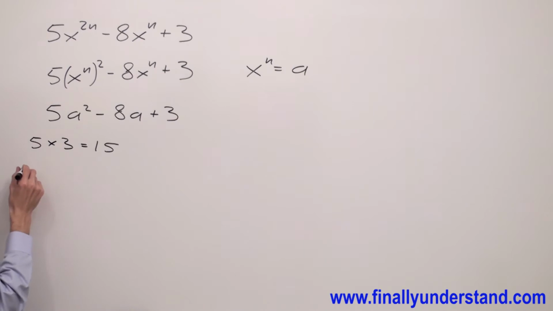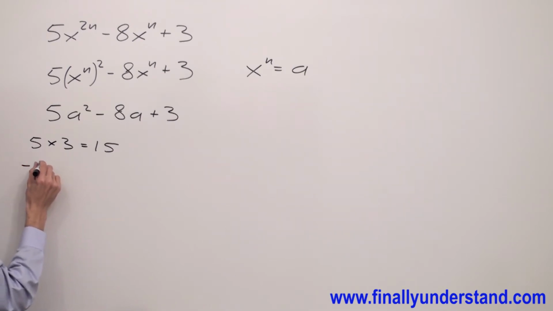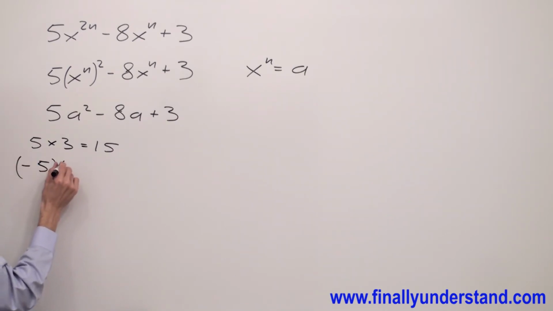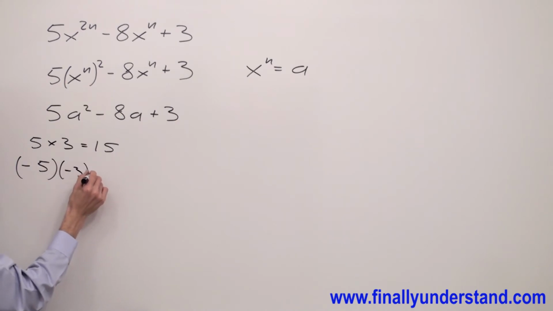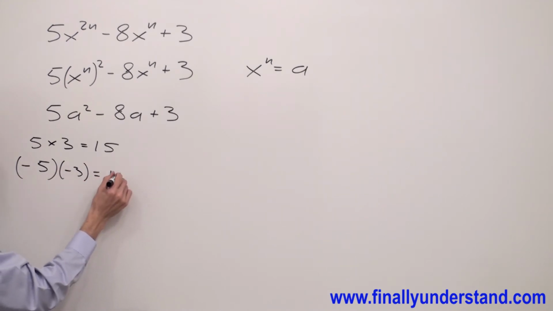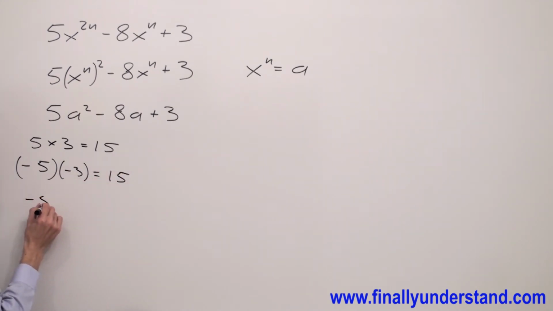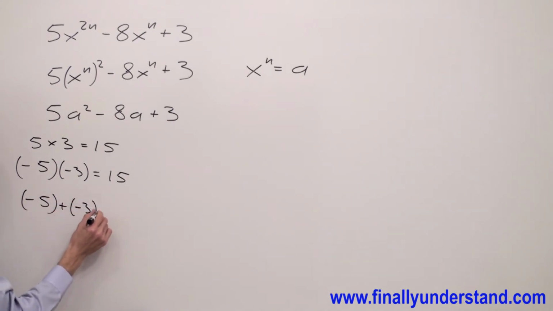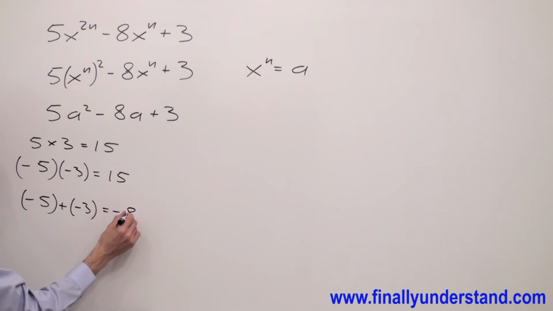These numbers are negative 5 and negative 3. Negative times negative gives me positive. 5 times 3 gives me 15. Negative 5 plus negative 3 is equal to negative 8.